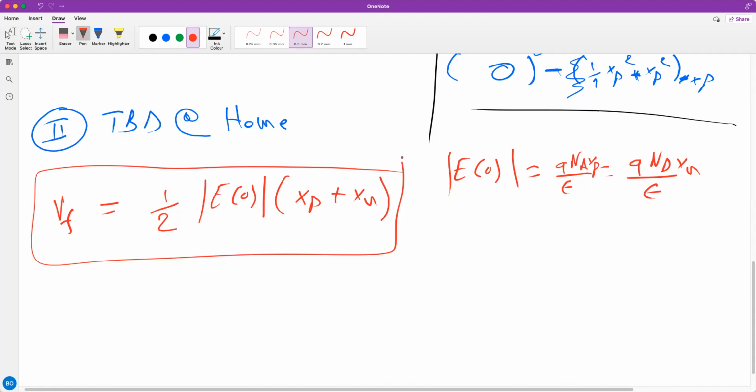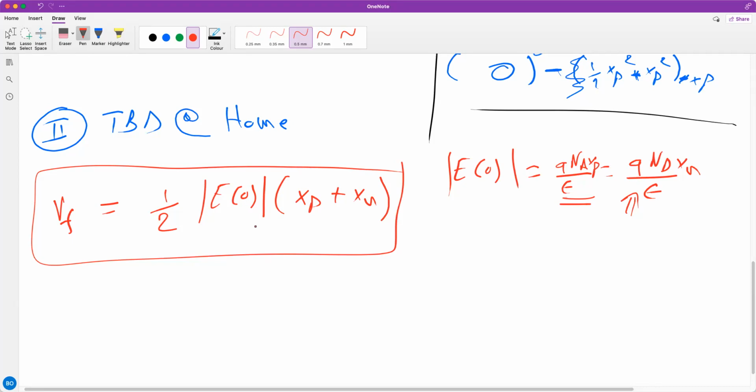Which other formula? This one, right? So you mean this one?